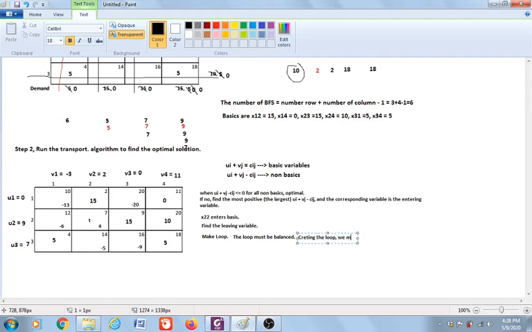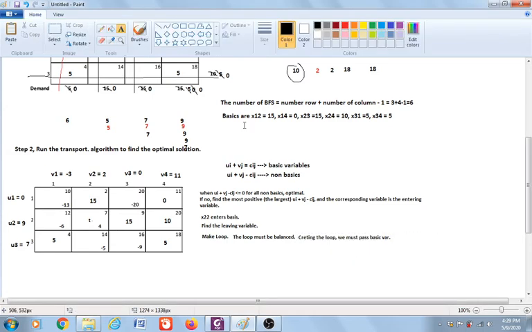If I stop here, I need to put minus t in order to make it balanced, because minus t and t is 0.